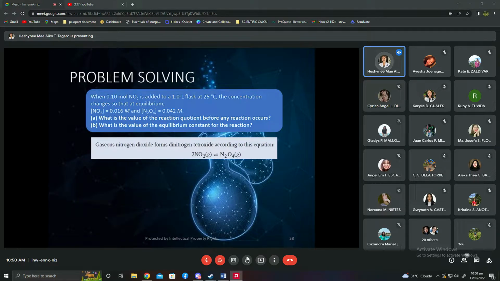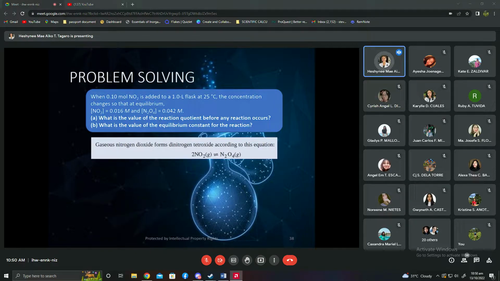So, the problem reads: when 0.10 moles of nitrogen dioxide is added to a 1 liter flask at 25 degrees Celsius, the concentration changes so that at equilibrium, the concentration of NO2 is 0.016 molar and the concentration of N2O4 is 0.042 molar.